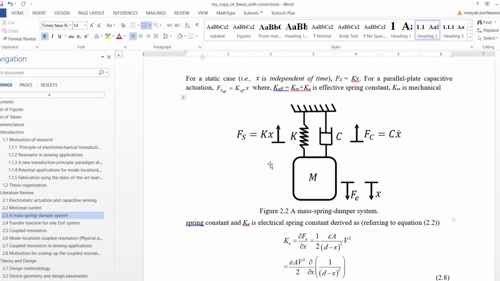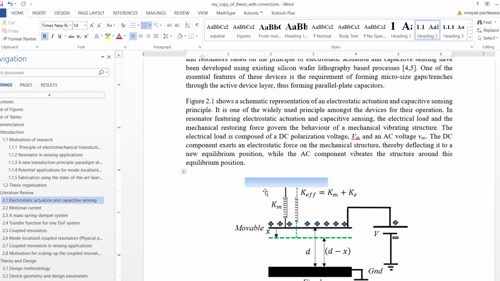And this is a 1 degree of freedom proof mass spring and damper system, from which we can derive some expressions for the spring. So as we can see, when this proof mass moves down due to this force, this spring gets stretched. This original value in Newton per meter will get altered, as we've also seen in this diagram.